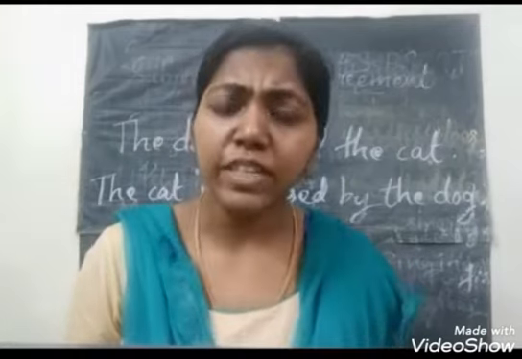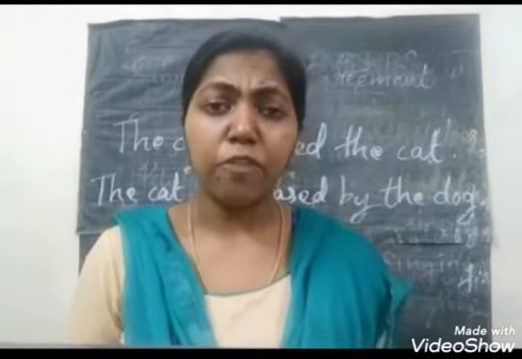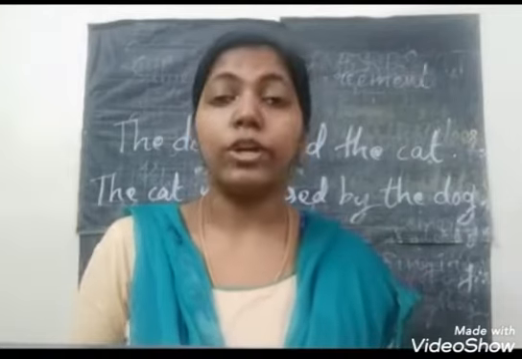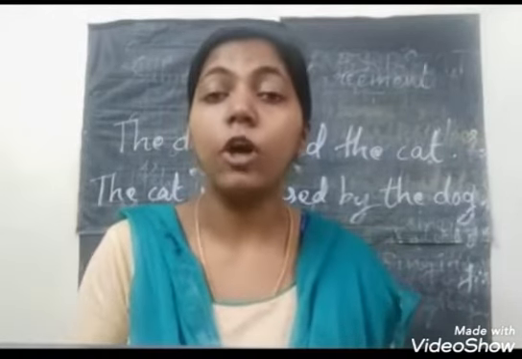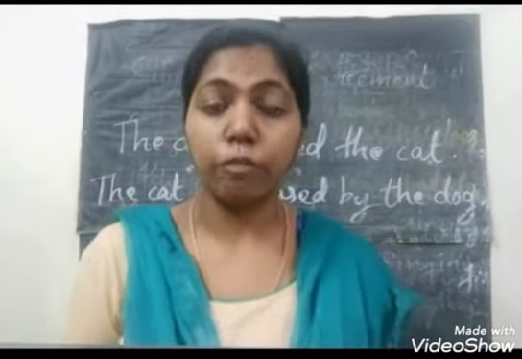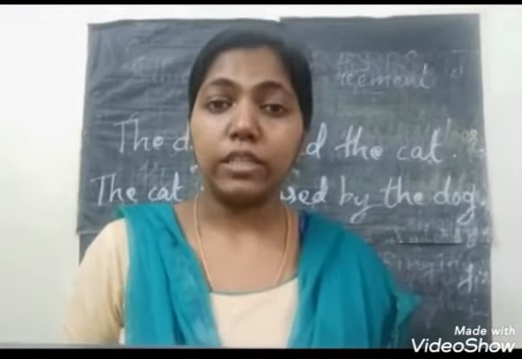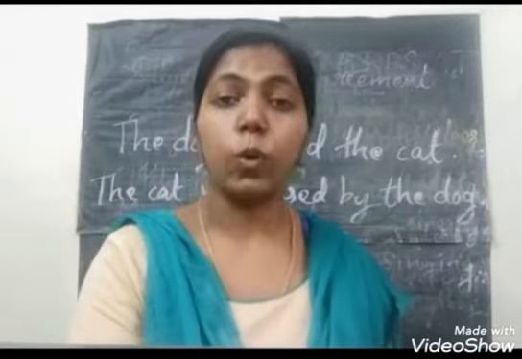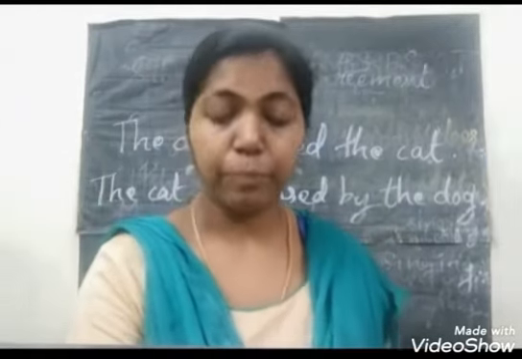But in some sentences, you might get confused whether it is a complement or an object. At that time, what will you do, children? Here's a tip for you which is not in your textbook. It's new information, so please listen carefully.